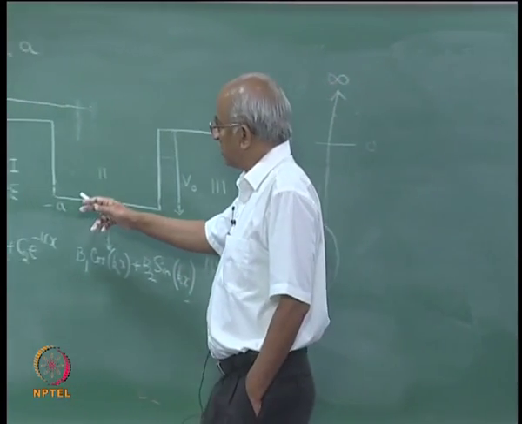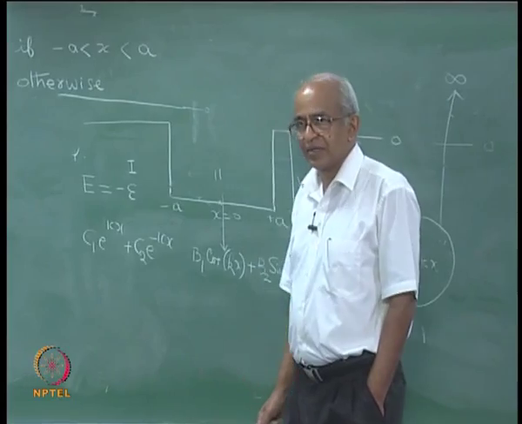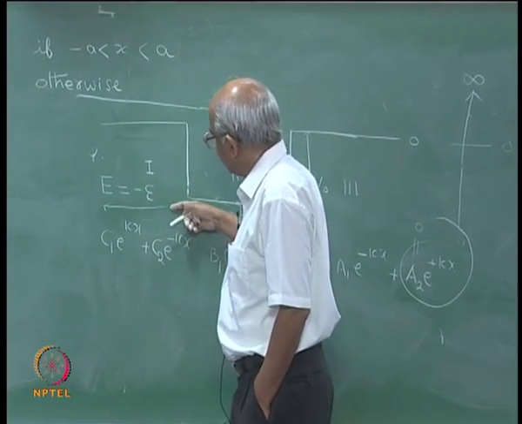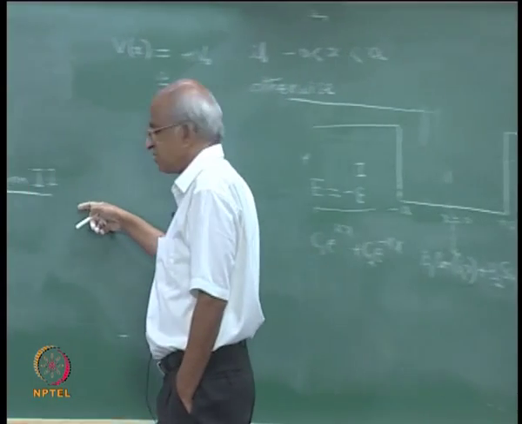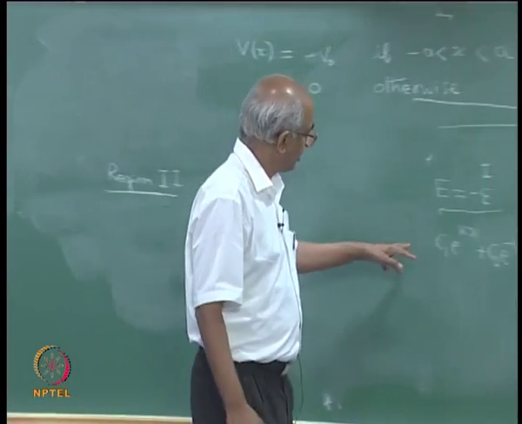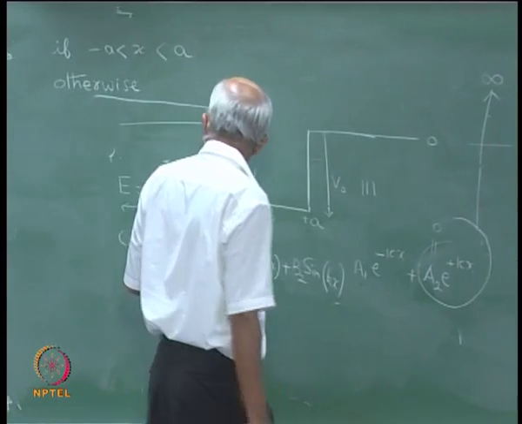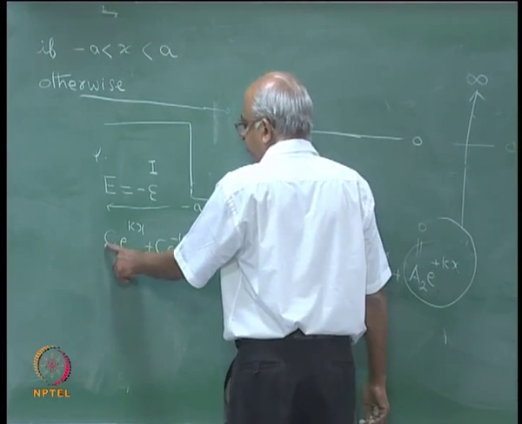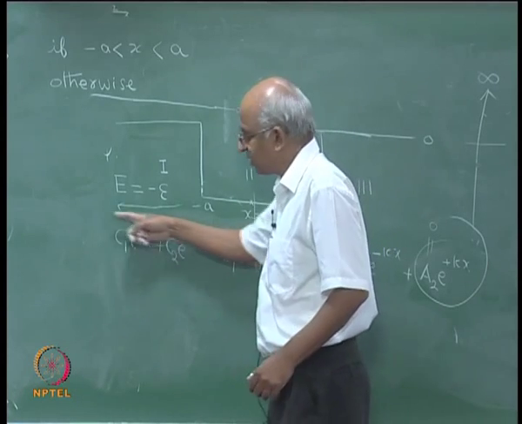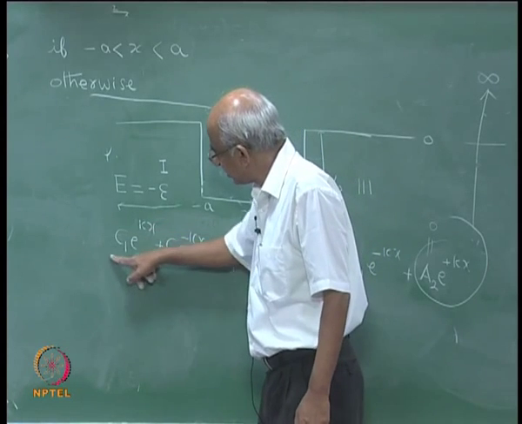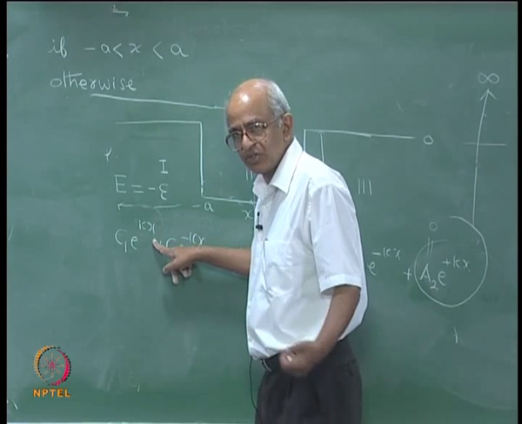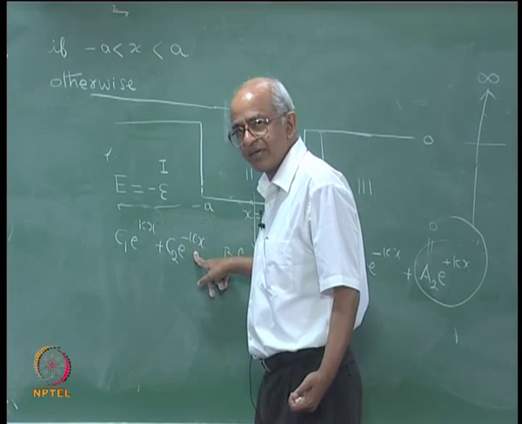You think of this other part. Look at this part. Here imagine x is going to minus infinity. Then what will happen to these two terms? You have c1 e to the power of kappa x, x is going to minus infinity. So, this term actually will decrease to 0, while what about the other term?